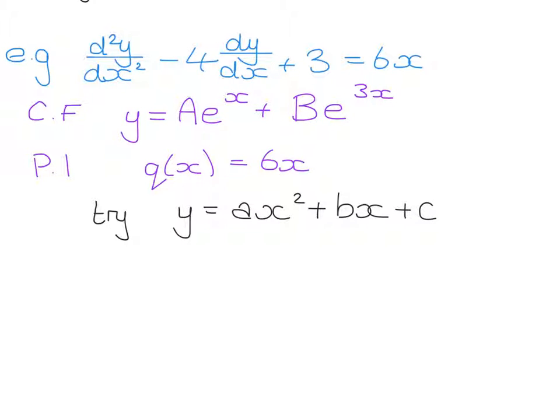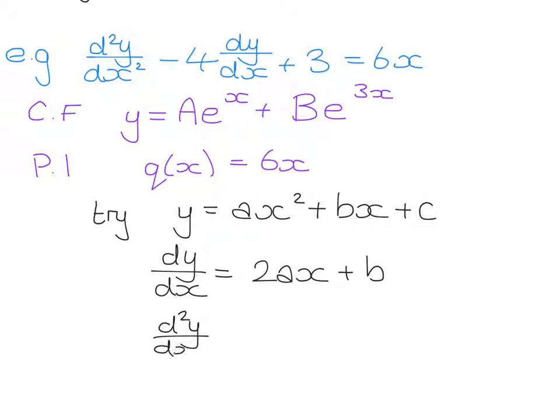We then have to differentiate this once and then again, so we get dy by dx equals 2ax plus b, and we get d2y by dx squared equals 2a, and we then have to sub these back into the original ODE.